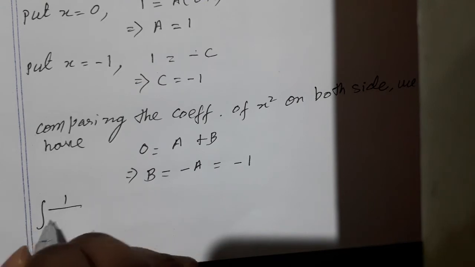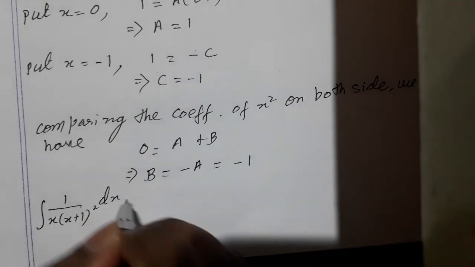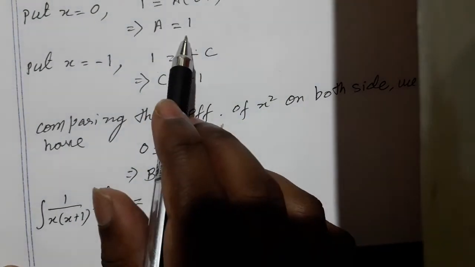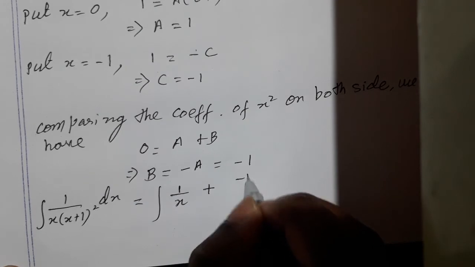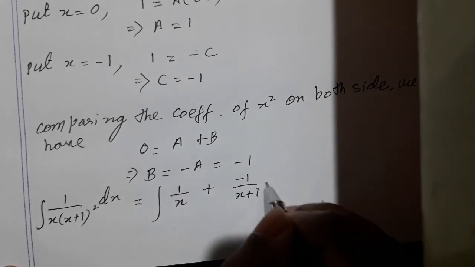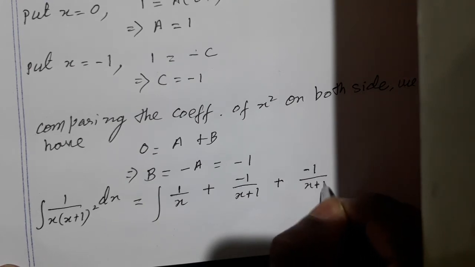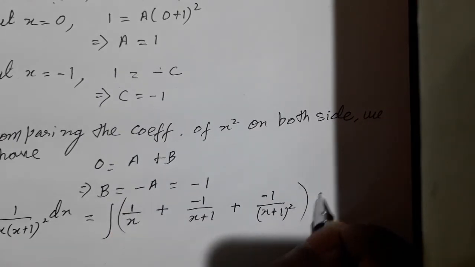Now this integration of 1 by x(x plus 1) whole squared dx can be written as integration of A by x, so A we got 1, so 1 by x, plus B is minus 1, so minus 1 by x plus 1, plus C we got as minus 1 by (x plus 1) whole squared dx.